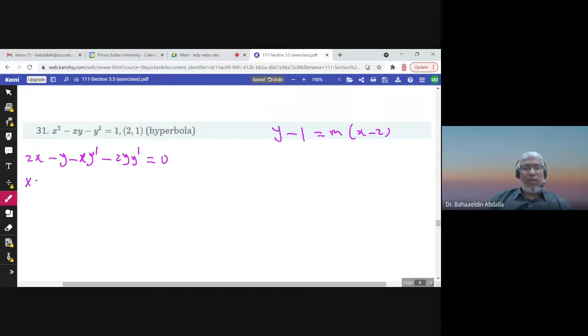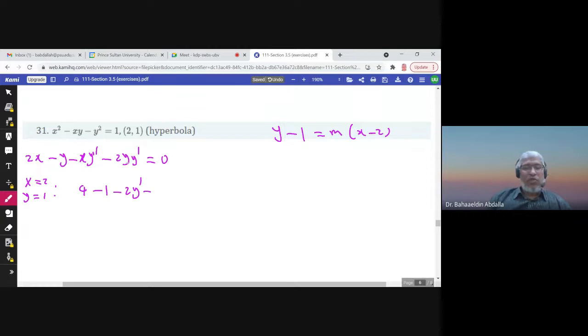Let me replace x by 2 and y by 1. If you want, you can solve it for y prime and then substitute x equals 2 and y equals 1. I'll do it from here immediately. 2 times 2 is 4. y is 1, x is 2.